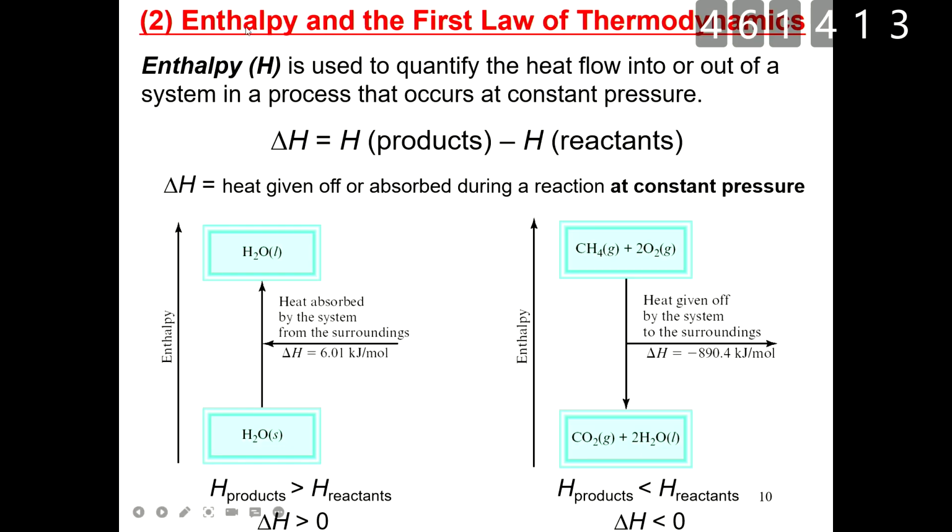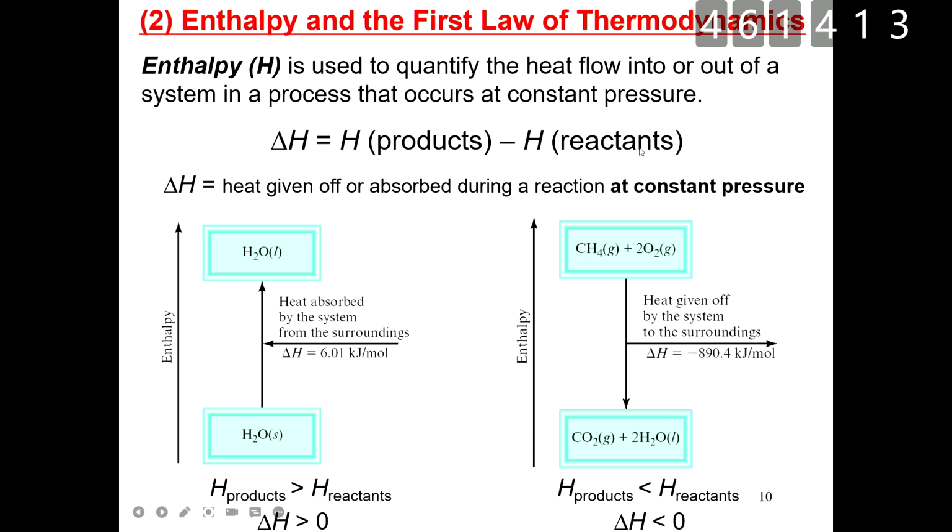Now we introduce the enthalpy and the first law of thermodynamics. We know the enthalpy is used to quantify the heat flow into or out of a system in a process that occurs at a constant pressure.